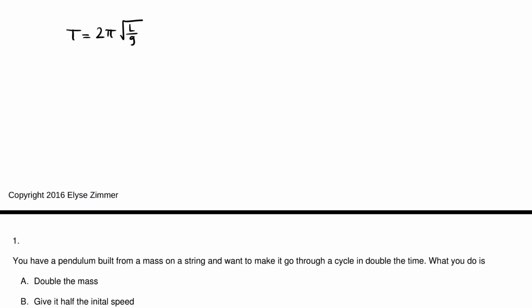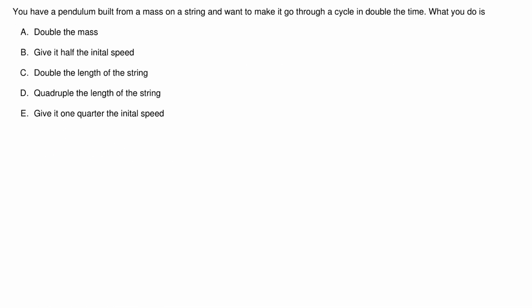All right. You have a pendulum built from a mass on a string and want to make it go through a cycle in double the time. What you do is, let's go back to the equation for the period of a pendulum. So we want to make it go through a cycle in double the time.